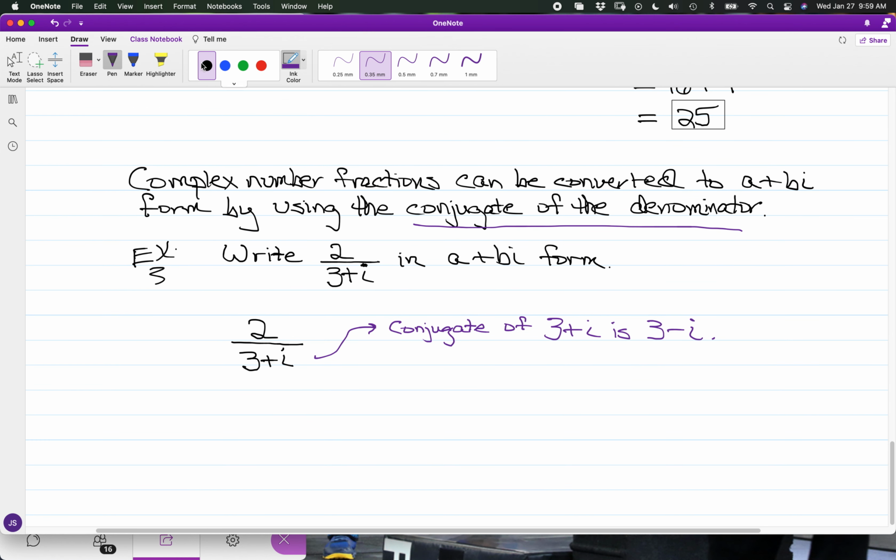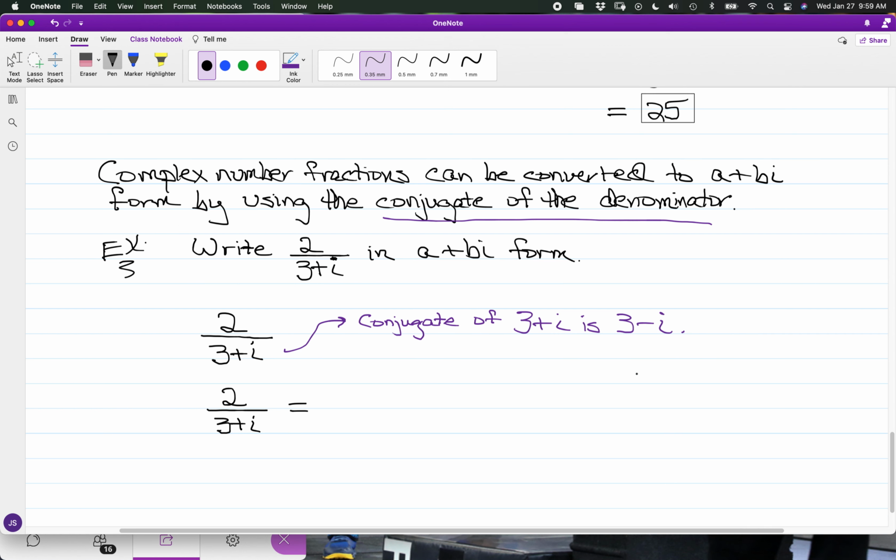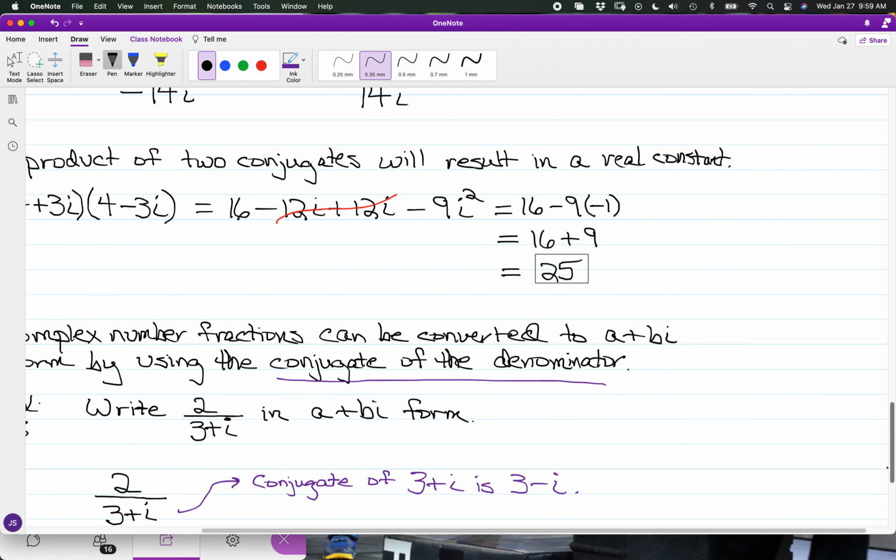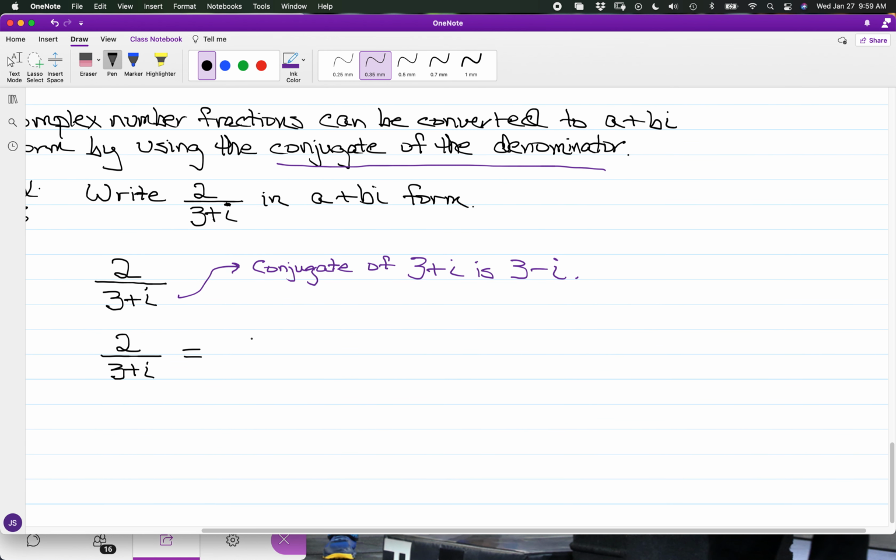And in terms of how the conjugate is going to be used, we have 2 over 3 plus i. Now we're not working with the least common denominator per se, but I'm still multiplying this ratio by 1, and this will be in the form of the conjugate of the denominator divided by itself.